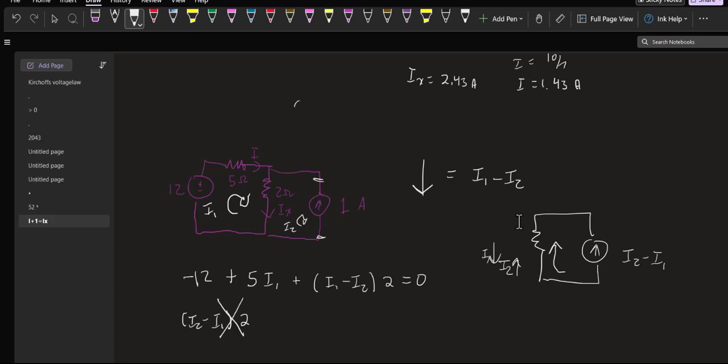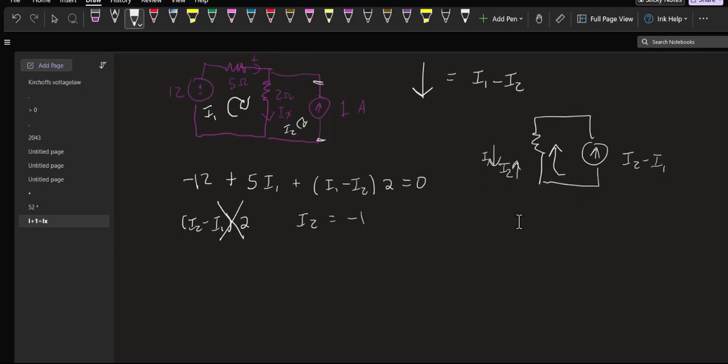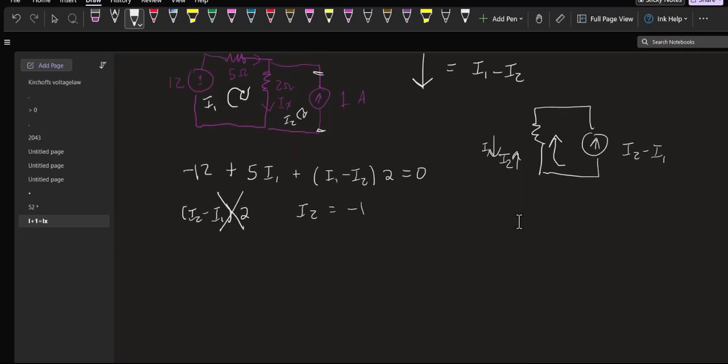Instead, I realize that in this branch right here, I know the current is 1 amp going up. I also know it is I2 going down. So that means I2 has to be -1. So that is my equation for the second mesh. I know that I2 is -1.